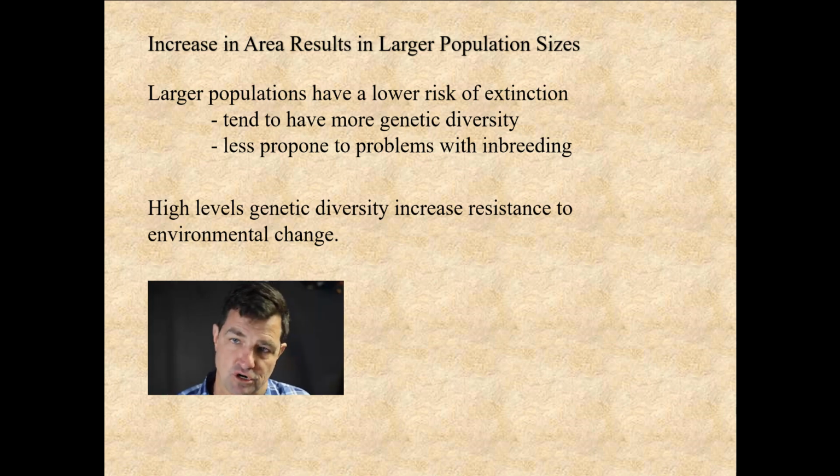So more genetic diversity in a larger population becomes less prone to problems related to inbreeding. High levels of genetic diversity tend to increase the resistance to environmental change. The environment is changing, and genetic diversity allows populations to deal with that better.